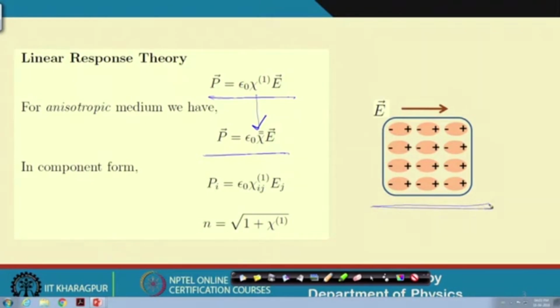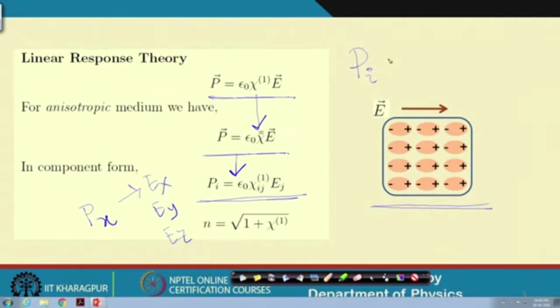Before going to that, let me write this in component form also. As I mentioned, P is now related to different components of E. That means P x is now related to E x, E y and E z. If this is the case, then one can write this in a component form. So, that is why this component form is important.